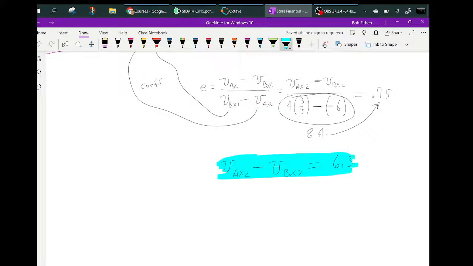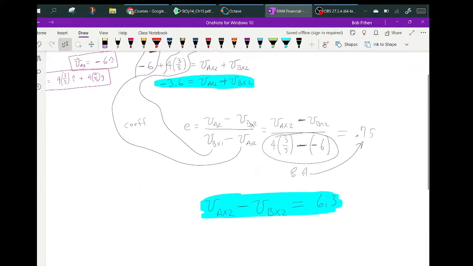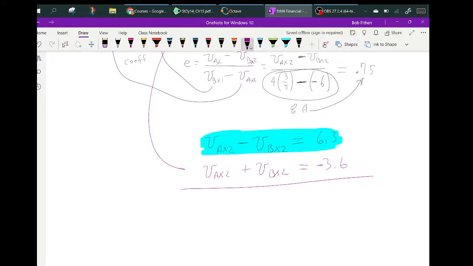Now what I'm going to do with the magic of the lecture thing, well, now I can just do this. I can look up here and I can copy this equation down. VAX2 plus VBX2 is equal to minus 3.6. And I can add these 2 equations together.